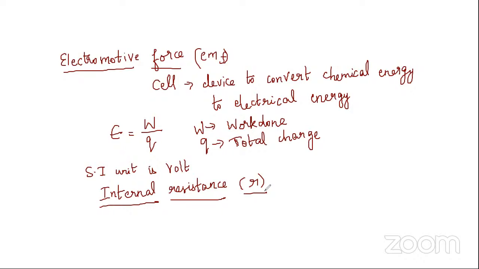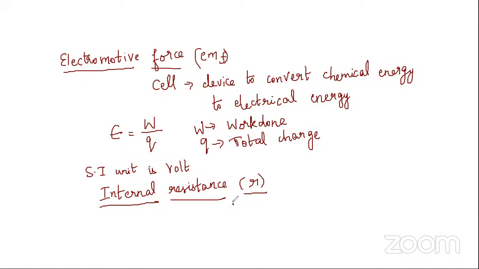Can you say anything about the internal resistance, students? Yes, tell me. Sir, it is the resistance offered internally by the cell to the current flowing in the circuit. Yeah, absolutely right. As I have told you already, inside the cell you have electrolyte.